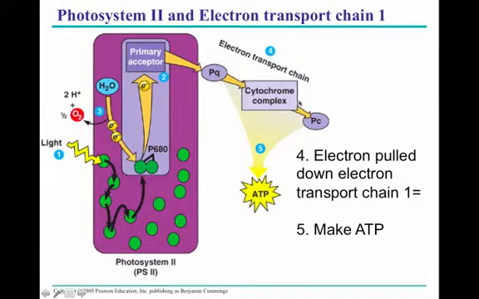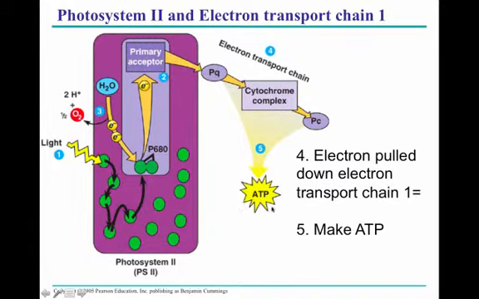All right, so in our first electron transport chain, the electrons are transferred from the primary electron acceptor by an electron carrier to our proton pump, the cytochrome complex protein of the electron transport chain.